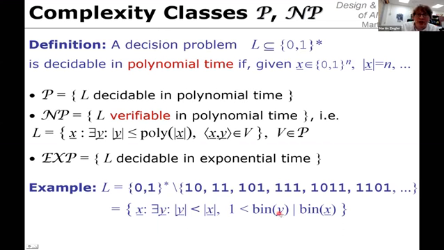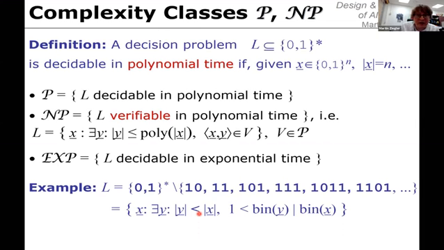So that y is a binary encoding of some number which divides the binary encoding of the input string x. So it is a factor, and it must be a proper factor. It must be not 1, and also it must be of binary length strictly shorter than x, which means it must not be x itself, otherwise it would not be a proper divisor, right?